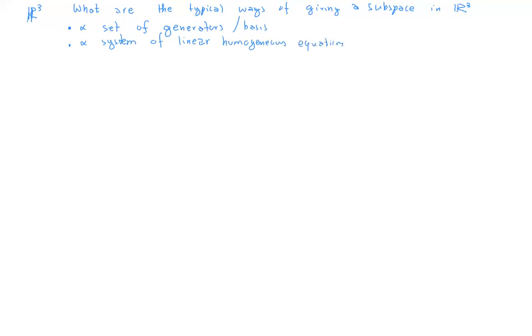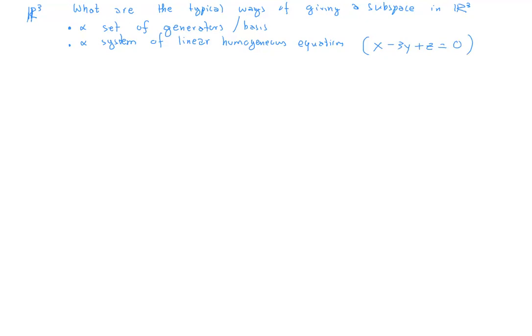So, for example, you could tell me you want the subspace x minus 3y plus z is equal to 0, we're in R3, right? So something like this, here I'm giving you one equation. I could have given you two equations.